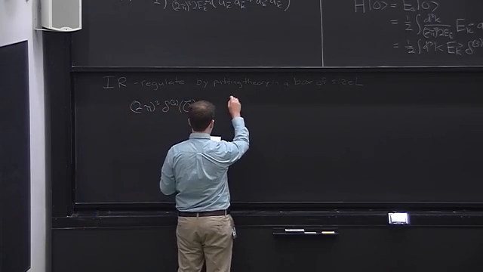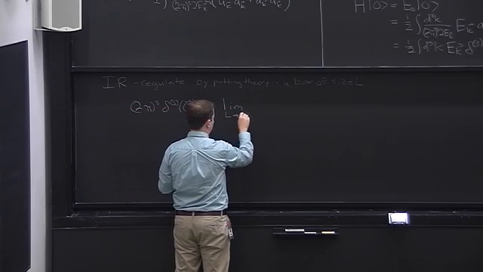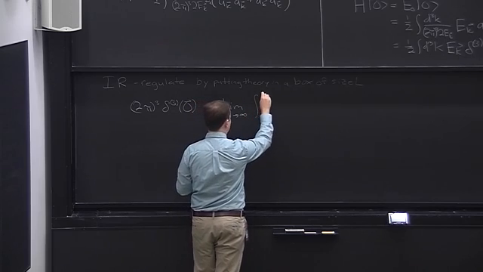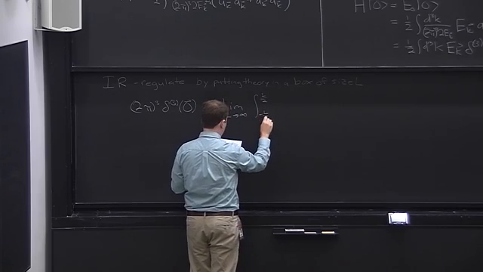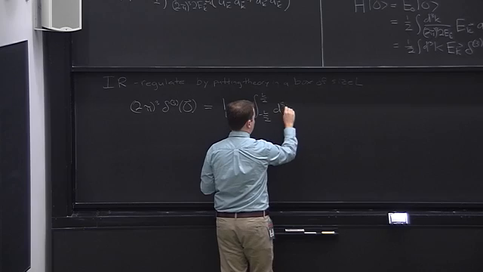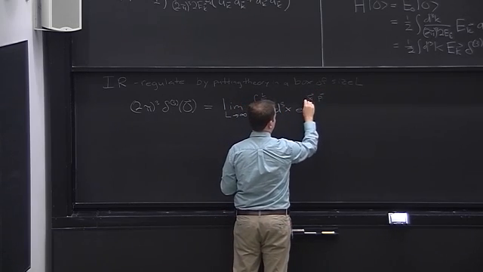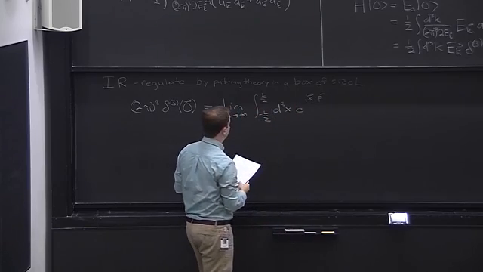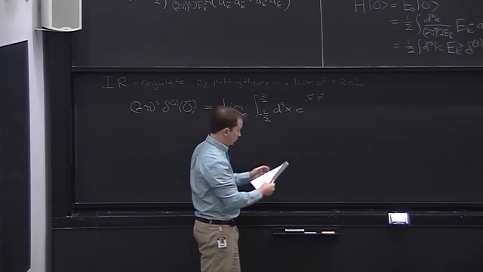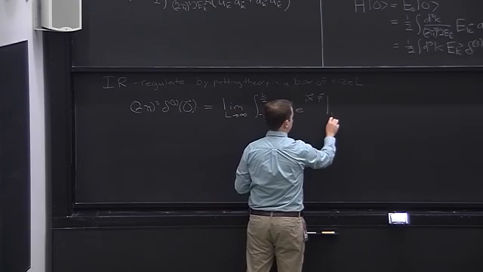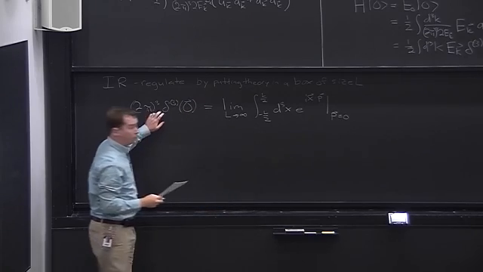So we can write this as the limit as L goes to infinity of the integral from minus L over 2 to L over 2, d3x e to the i x dot p. This would just give us (2 pi) cubed delta of p. So if we set p equals 0, we recover the (2 pi) cubed delta of 0.